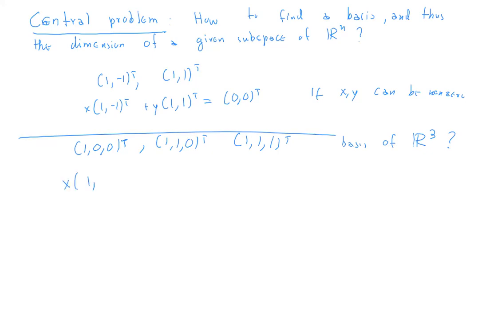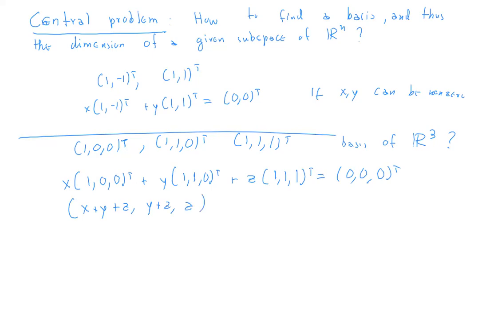Take a linear combination of them and set it equal to 0, 0, 0. So this will be x plus y plus z, comma, y plus z, comma, z, is equal to 0, 0, 0. Which translates to x plus y plus z equal to 0, y plus z equal to 0, and z equal to 0. I practically solved the problem for you. Can this be satisfied for anything else other than 0, 0, 0? And you will see that, no, it's not.